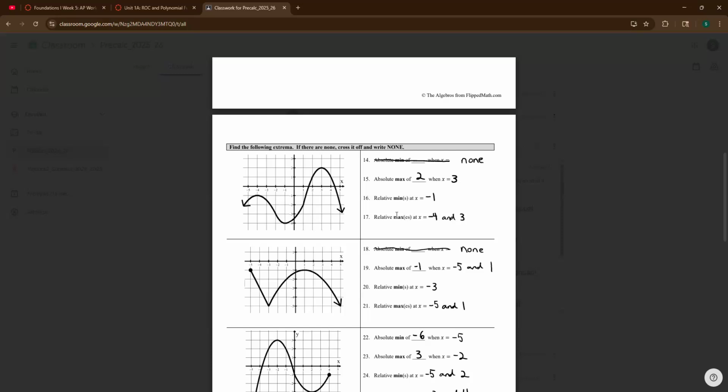Correct. And relative max is at x equals -4. Absolute max occurs at x equals 3. So if it's an absolute max, you can also write it as a relative max too. Yeah, it can be a relative max. Relative max occurs at x equals -4, right? So it's the highest point, the highest maximum on the entire graph, as well as the highest point in its own relative area. Correct. Okay.